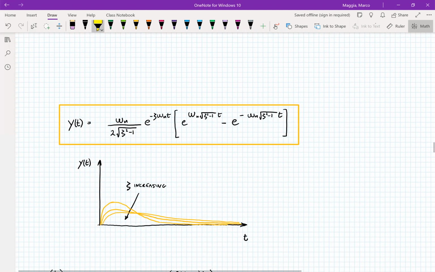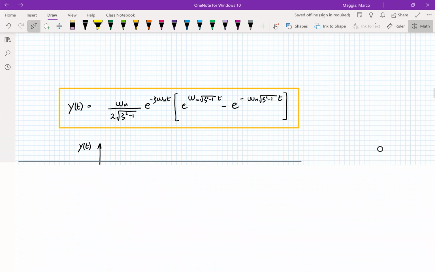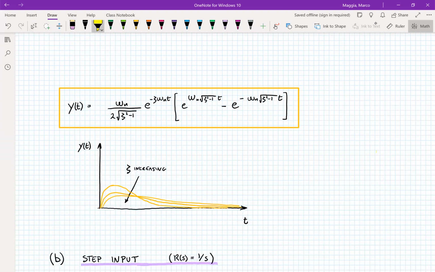So as I said, I'm just going to provide you with the final solution. So this is the actual output in the time domain for a second order system when we apply an impulsive input.